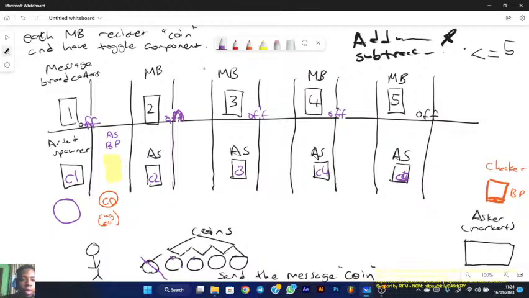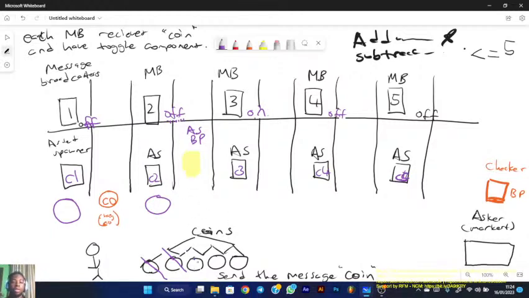So assuming the player collects a second coin, this preset is killed and spawned here. Asset spawner basic platform. This guy is turned off, and this one is turned on.